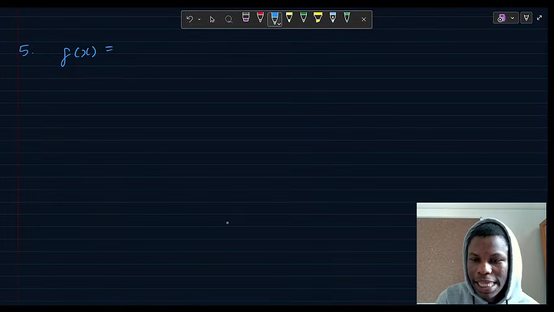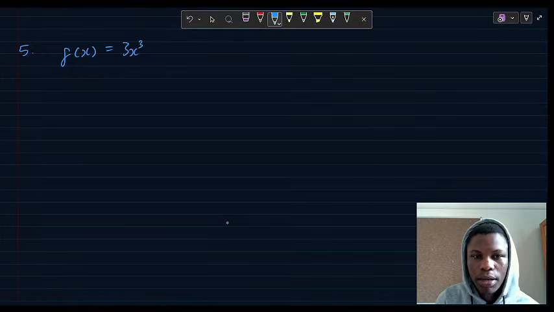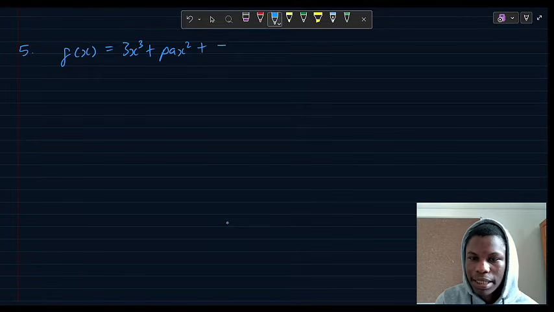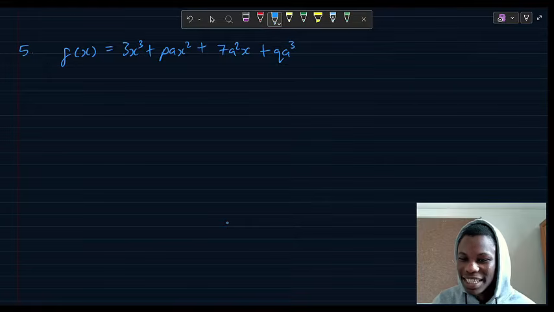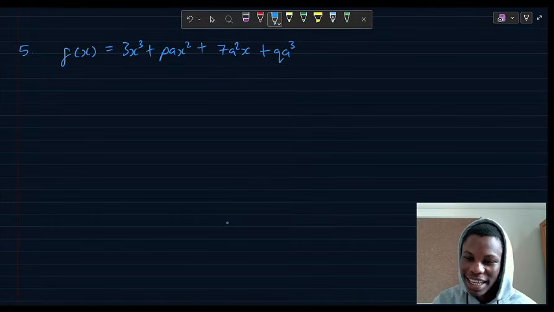The polynomial 3x cubed plus pax squared plus 7a squared x plus qa cubed is denoted by f of x, where p, q, and a are constants, a is not equal to 0.